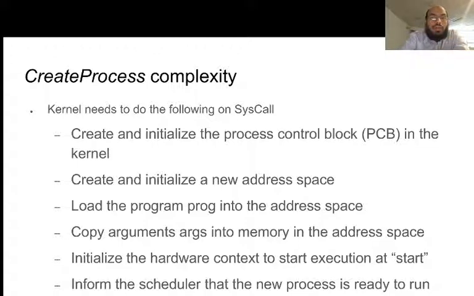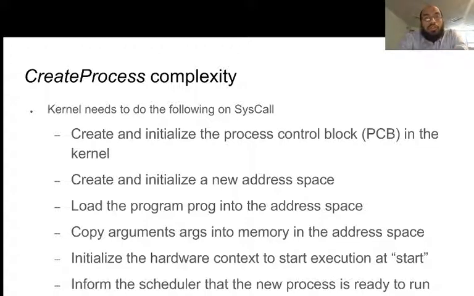The process control block is basically a data structure in the kernel which has, for each running process, all the information that is related to this process. So hence it's called the process control block.